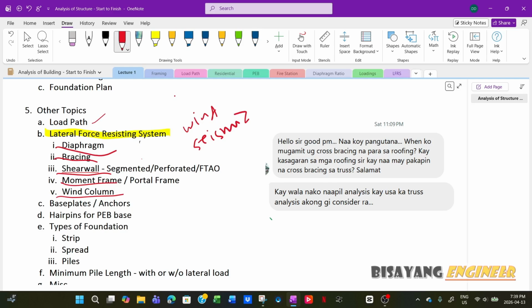I already had this in mind at the very start, and then last Saturday I got a message from one of the group members. I was actually shocked by his question.